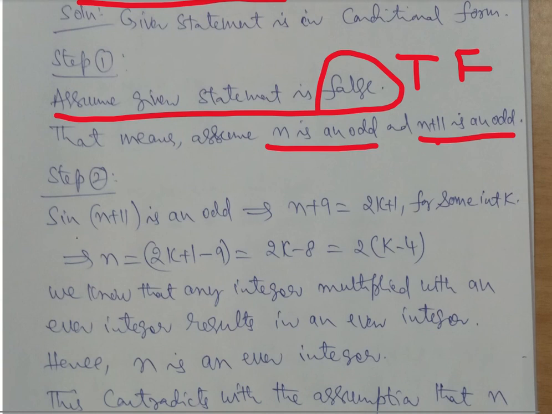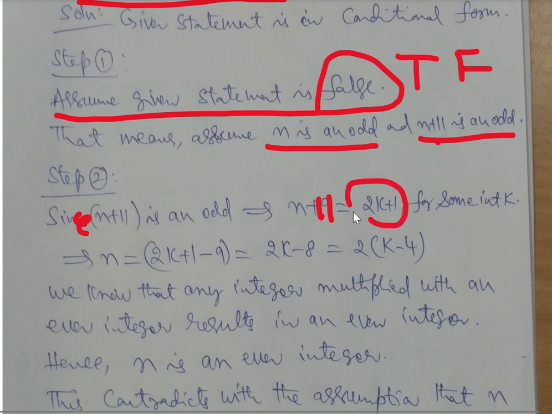Now since n plus 11 is odd, I can say n plus 11 is equal to 2k plus 1. Why 2k plus 1?